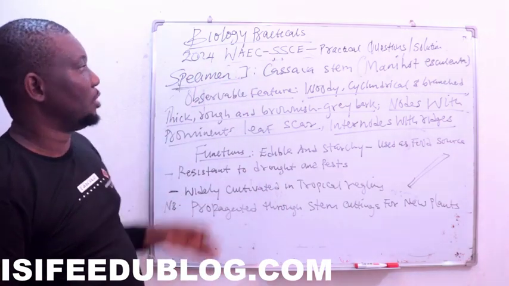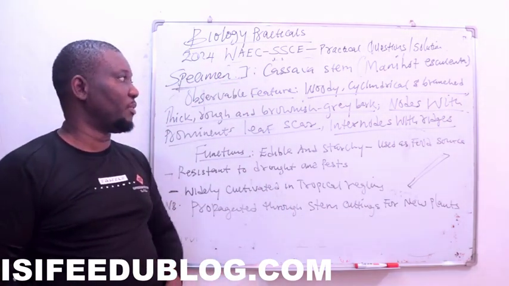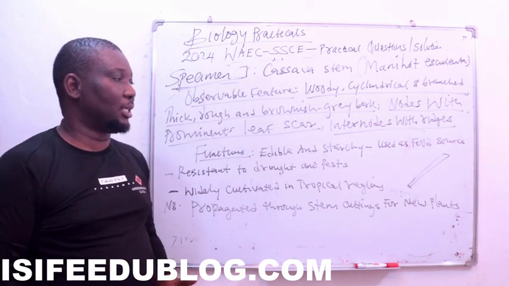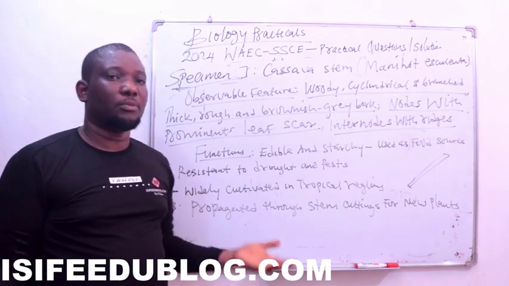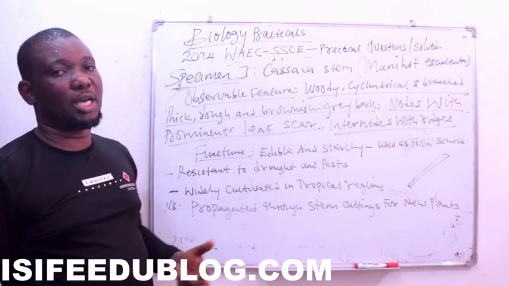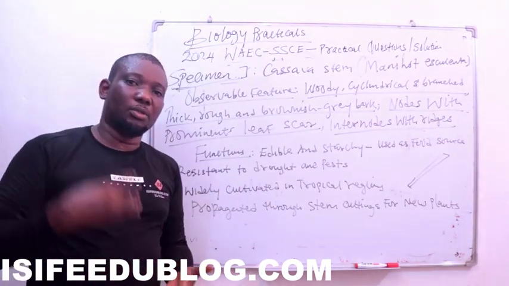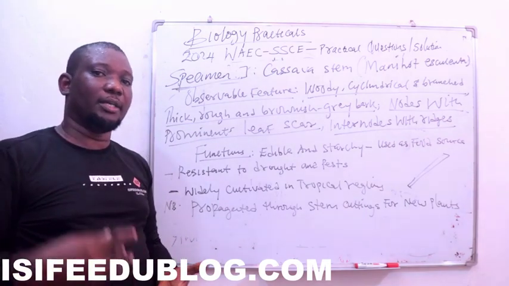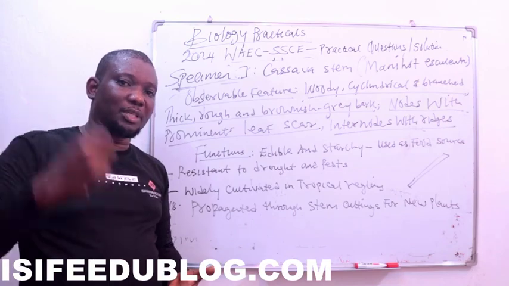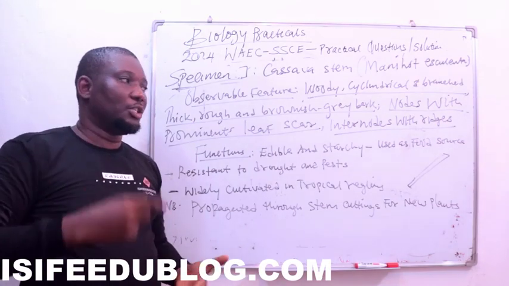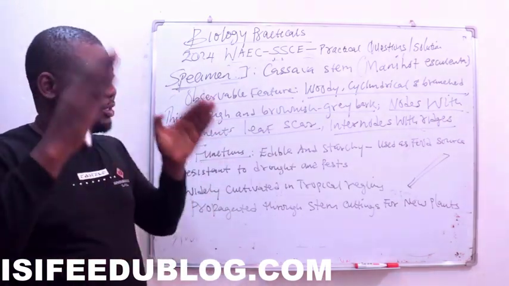Please take note of the structural features: woody, cylindrical, branched, thick, rough, with color. The color is a very, very important observation because you are dealing with a live specimen.